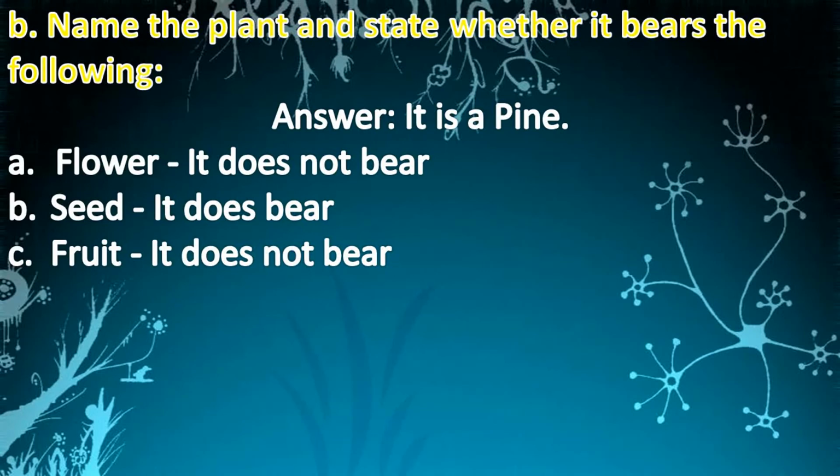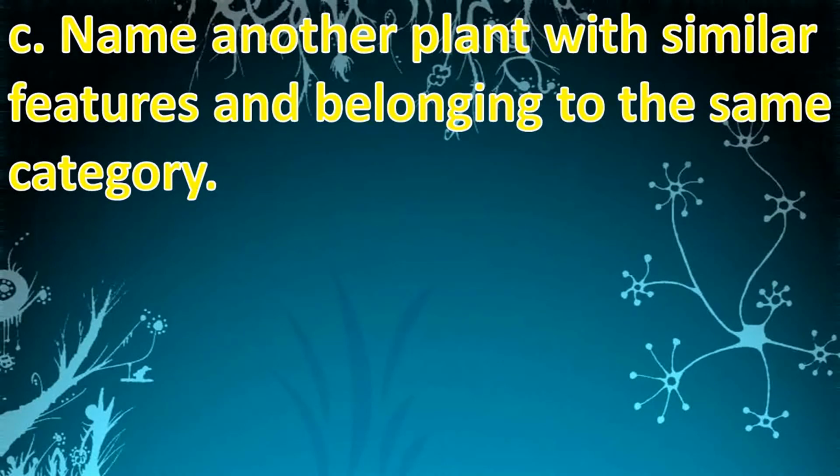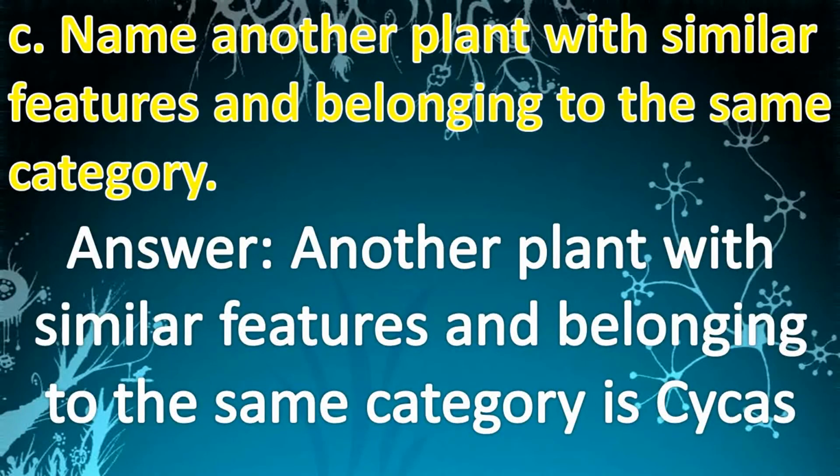A. Flower. It does not bear. B. Seed. It does bear. C. Fruit. It does not bear. Next question. Name another plant with similar features and belonging to the same category. Answer is: another plant with similar features and belonging to the same category is Cycas.